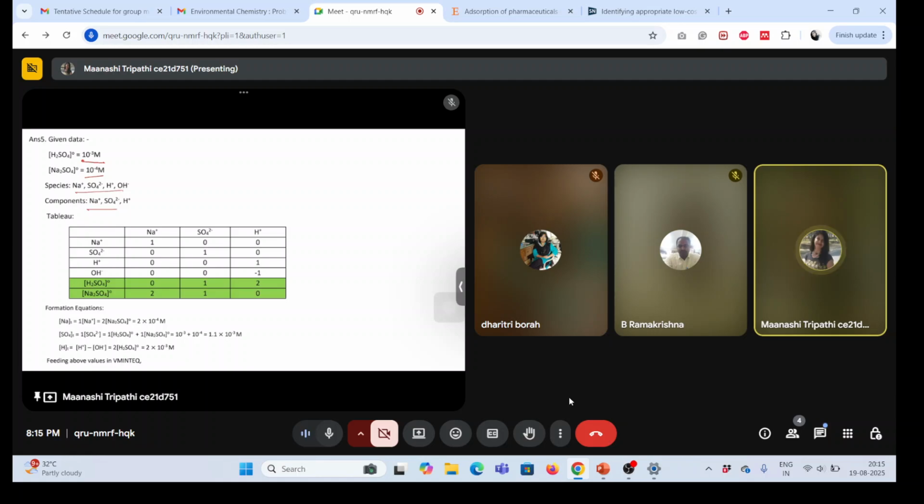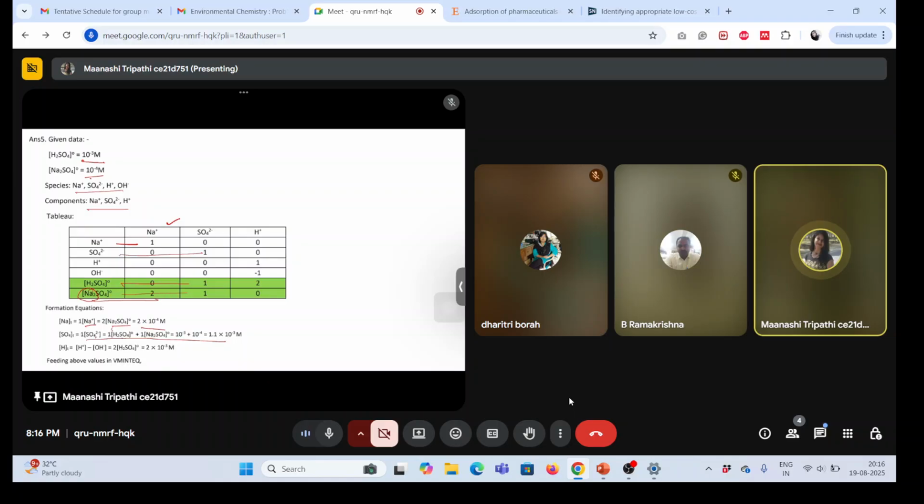So for Na, how is it forming? 1 from Na plus and 2 from Na2SO4, because from here 2 Na will come, that is why we are keeping 2, which is equal to this naught value, 2 into 10 raised to power minus 4. Talking about sulfate, similarly, 1 from here, 1 from here, and 1 from here.